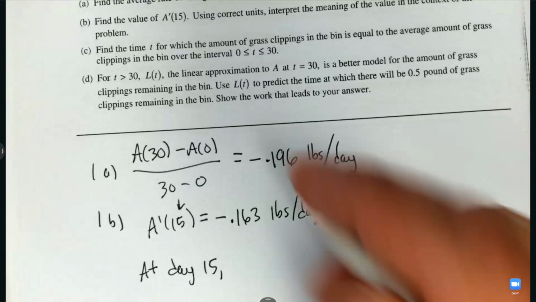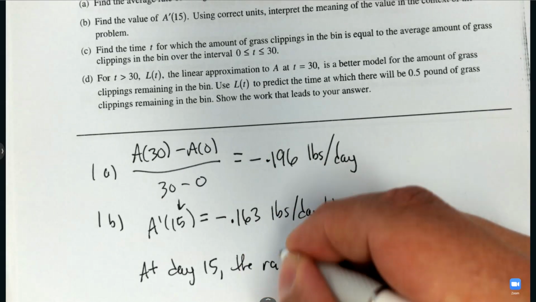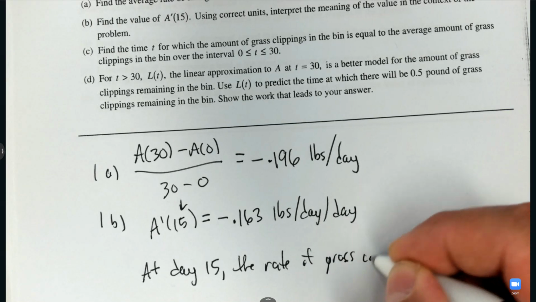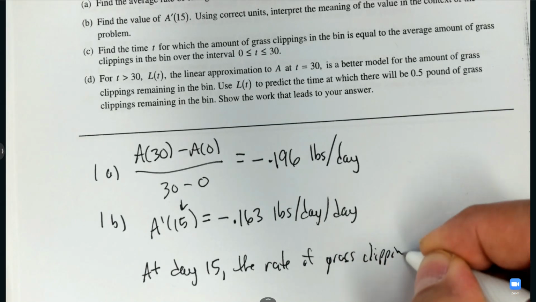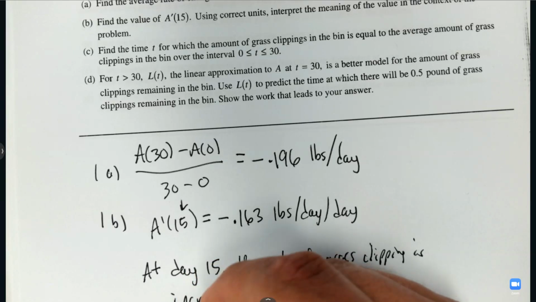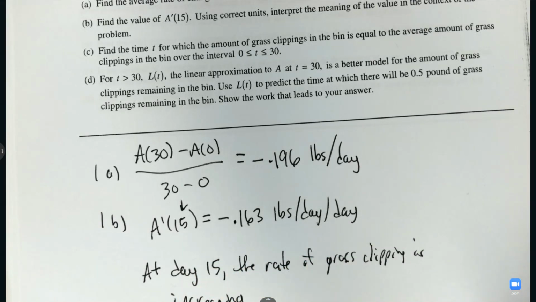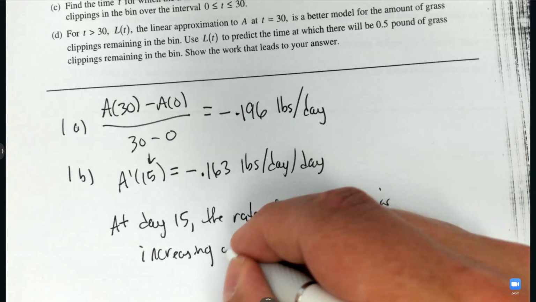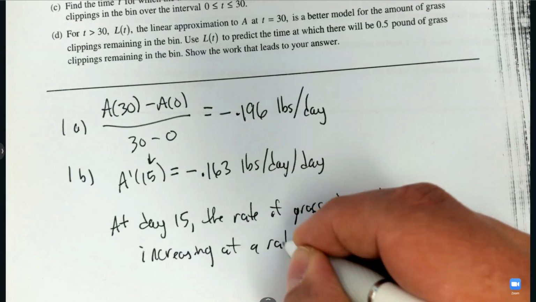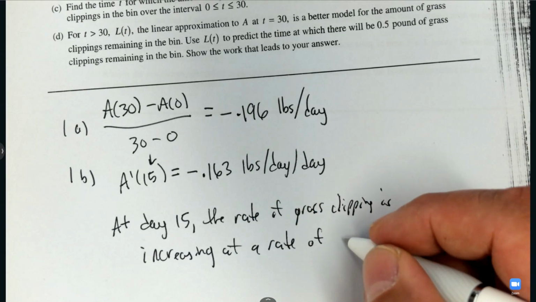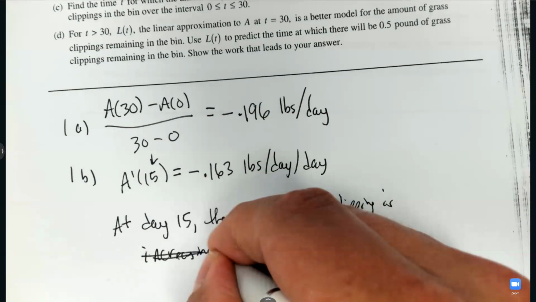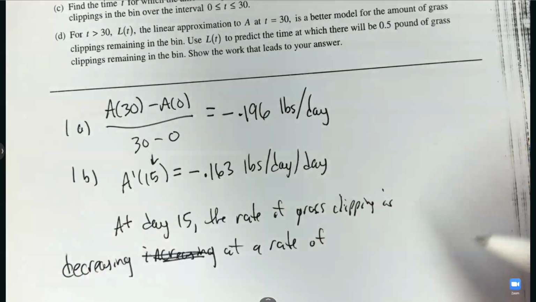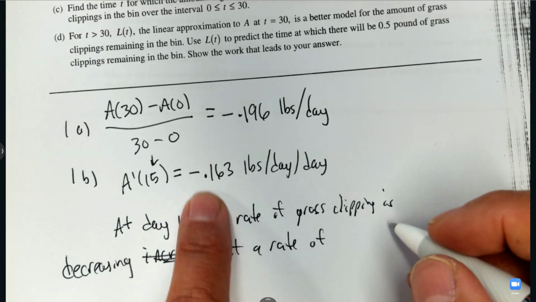What's happening? The rate of grass clippings is increasing, at a rate of, it's a rate of a rate, at a rate of, no, sorry, not increasing, it's a negative number, it's decreasing at that rate.